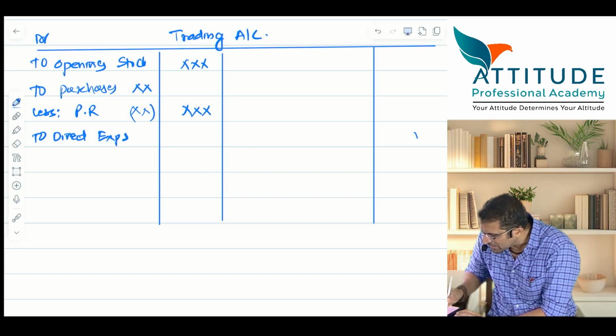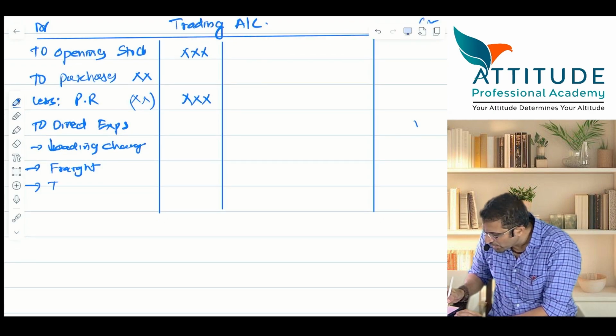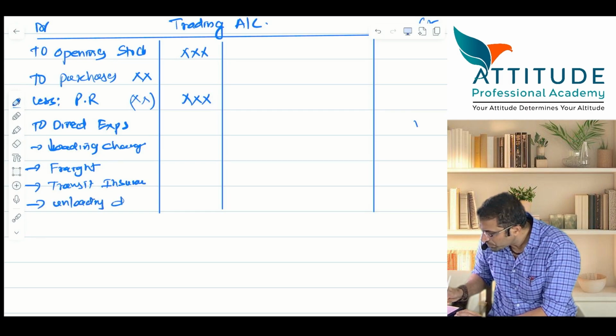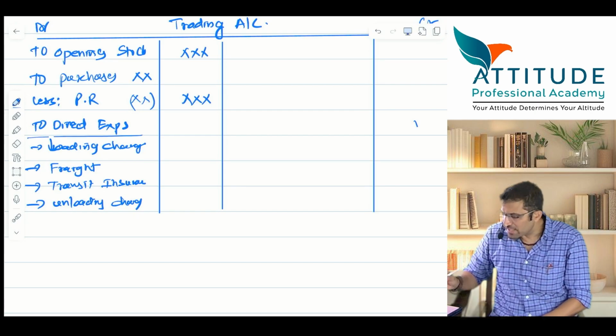In these direct expenses, examples could be loading charges, freight which is transport, then transit insurance and unloading charges. All these will come as direct expenses.